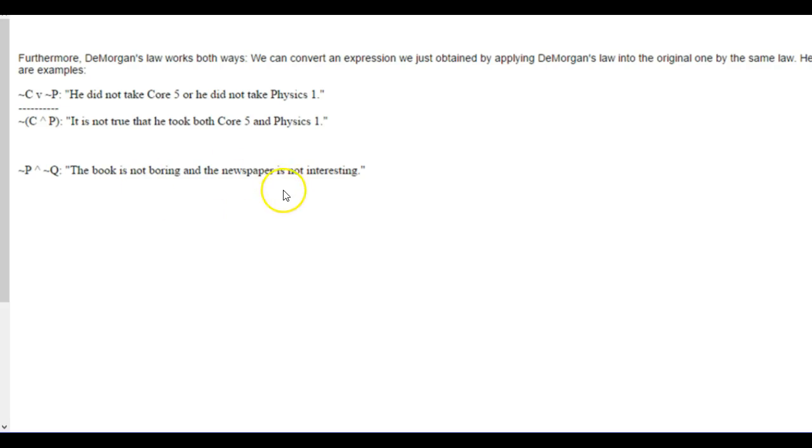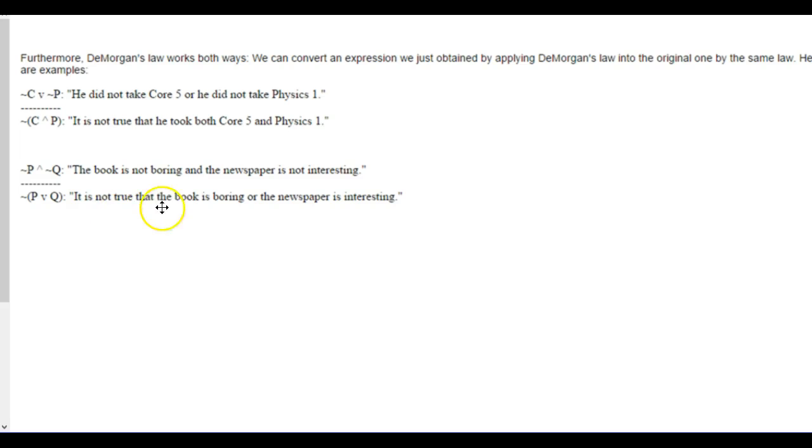Same thing with our last statement. We could take the statement we just wrote and rewrite it. It is not true that the book is boring or the newspaper is interesting. So you could reverse that statement. Not great ways of writing in English, but sometimes it's easier to figure out the logic for this as opposed to figuring out the logic for this.